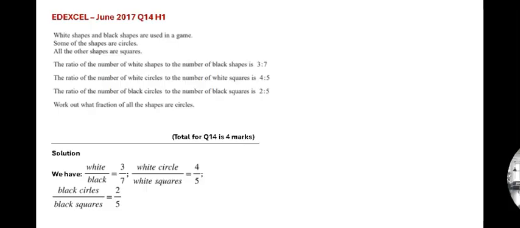So we'll go ahead and say that the total number of shapes is n, an unknown number, it doesn't have to be found out, just n. And then using the information that we got before, we're going to express how many white circles we have and how many black circles we have.